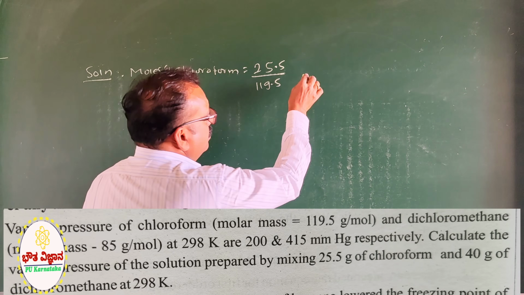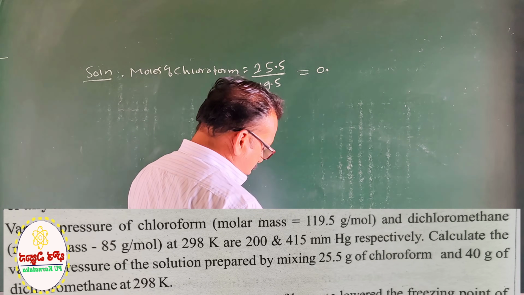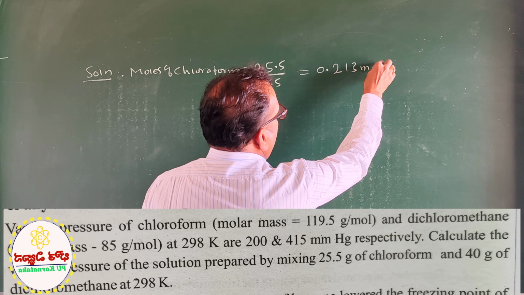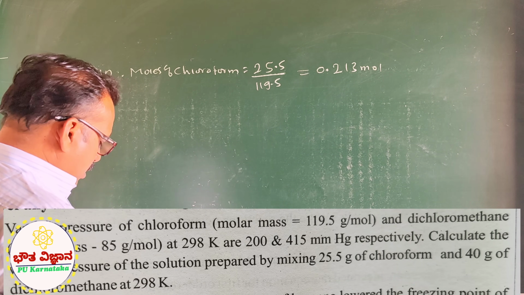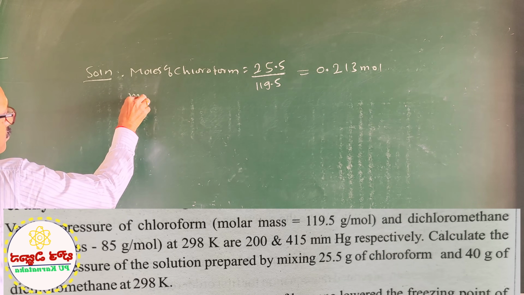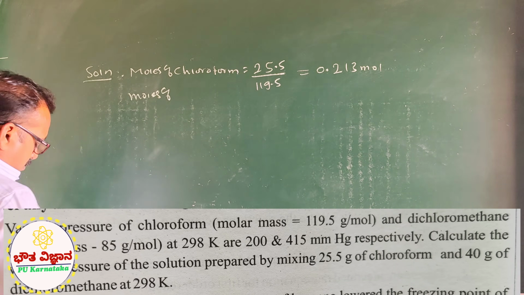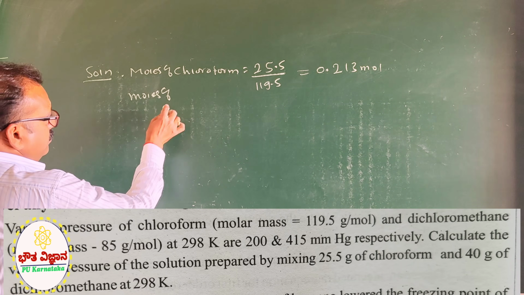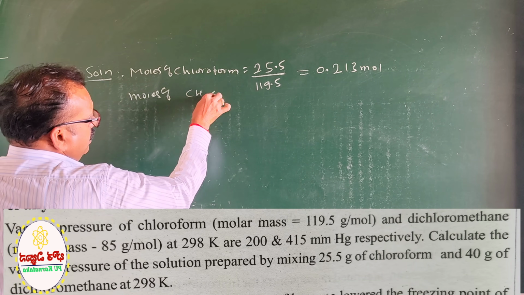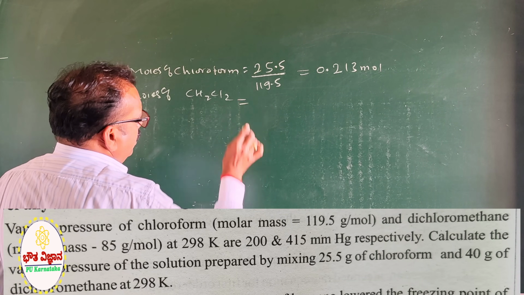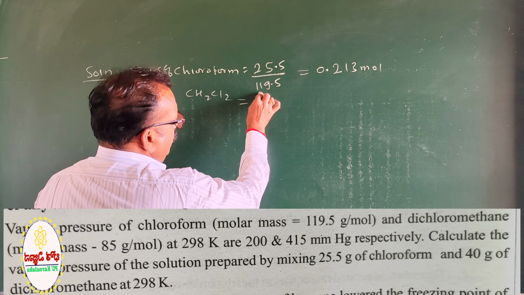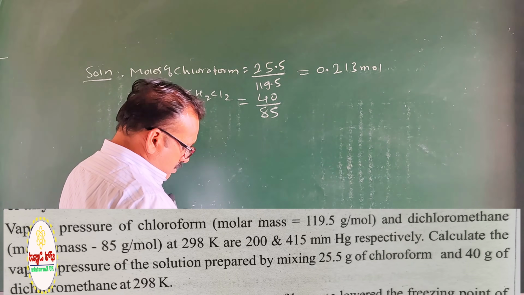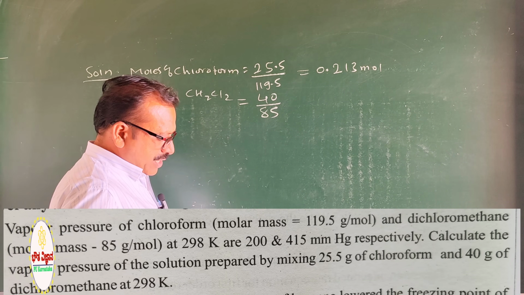You will get by simplification 0.213 mole. And you have to take moles of dichloromethane, that is, they have given dichloromethane 40 gram and molar mass of dichloromethane is 85.